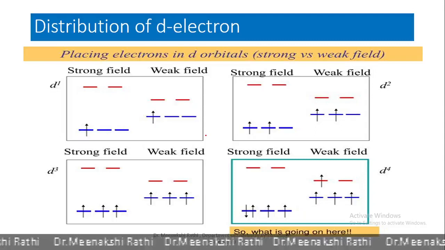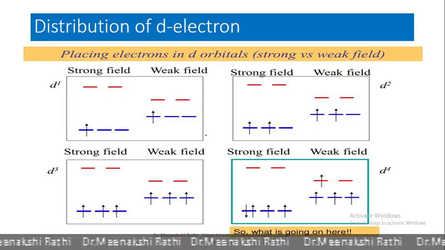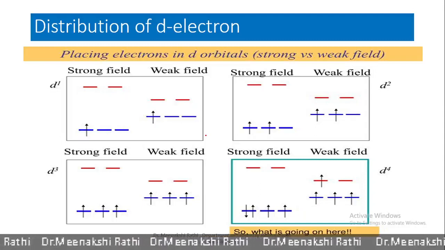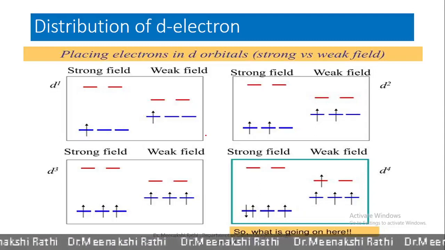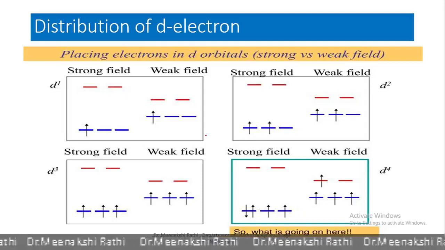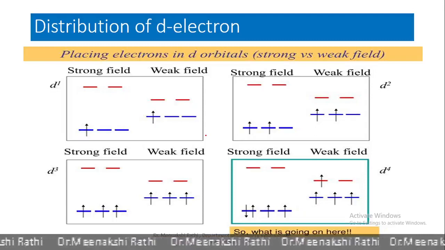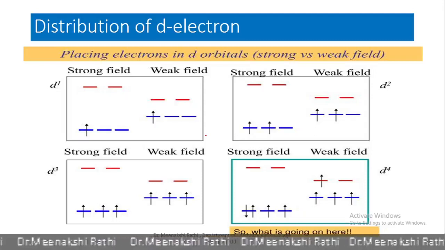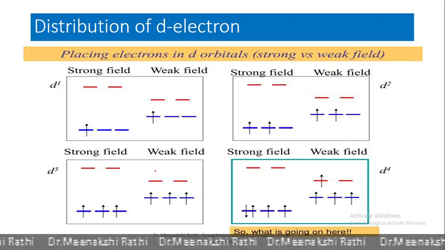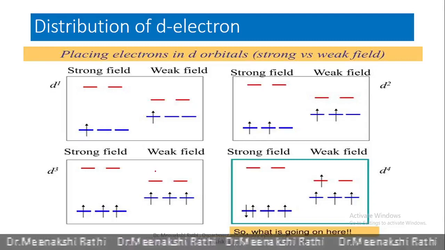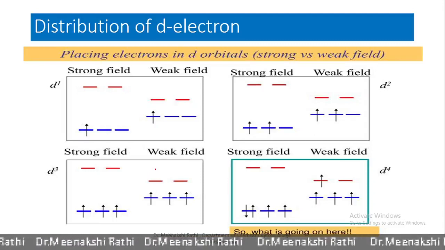The first and utmost important rule is that the electron will occupy the orbital of lowest energy. Second, Hund's rule of maximum multiplicity will be followed. That means electrons will not pair up unless all degenerate orbitals contain one electron each, that is, they are half filled.